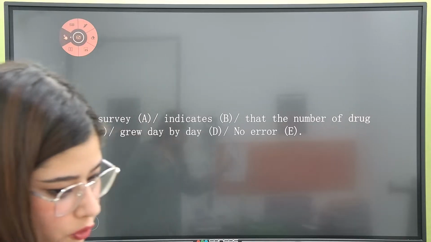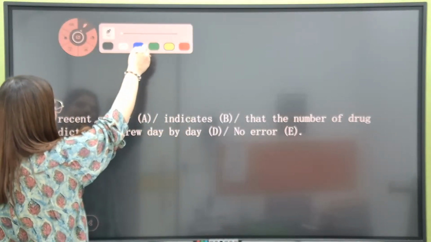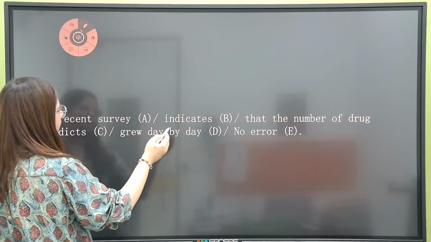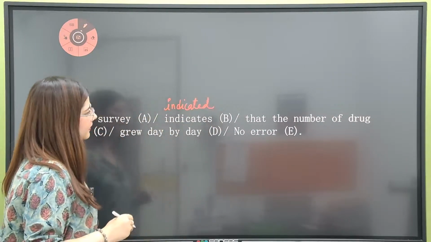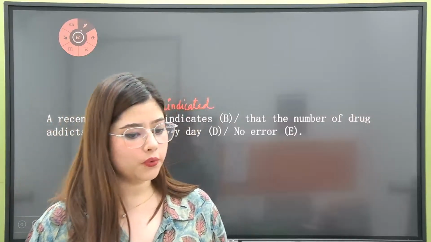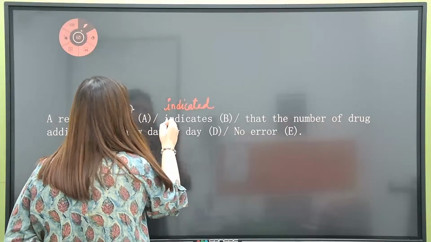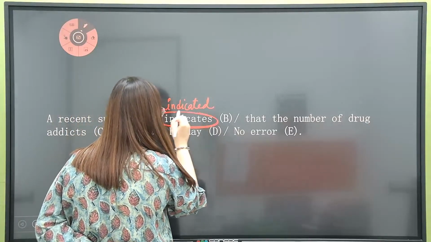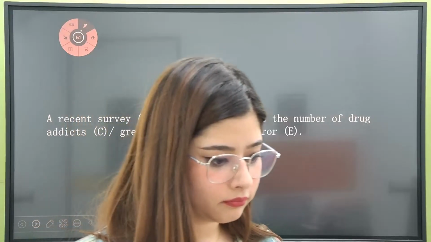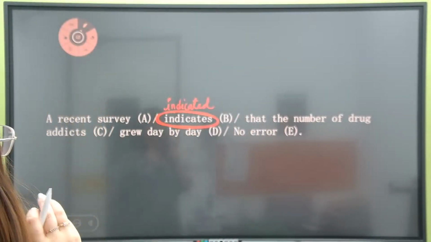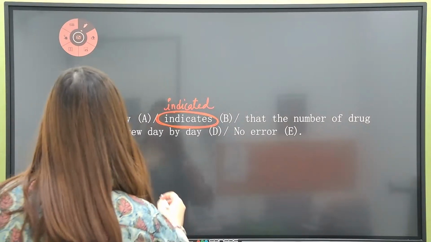Okay, one option could be, if I change this to indicated, a recent survey indicated that the number of drug addicts grew day by day. But if I tell you that you cannot change this, indicates would remain as is. Now, what change would you make to the sentence?